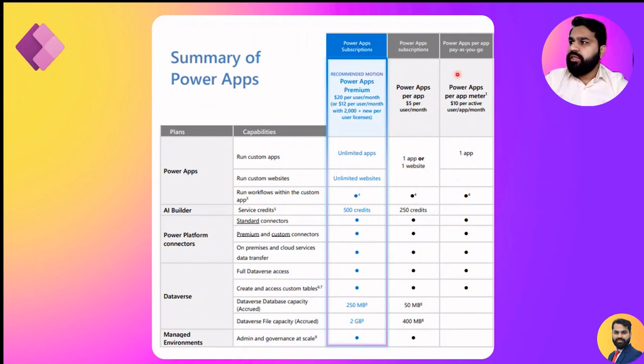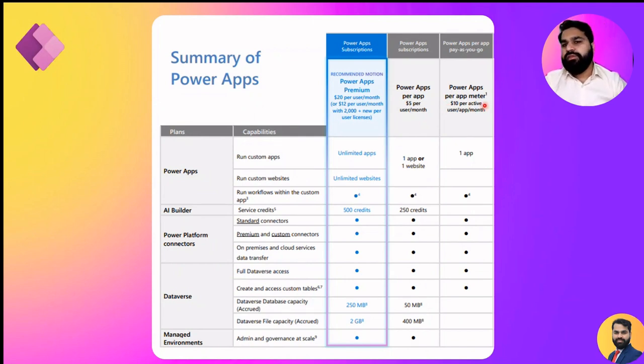Then the third subscription is the pay as you go subscription. In this subscription, the Power Apps per app meter is always there. This is basically $10 per active user.